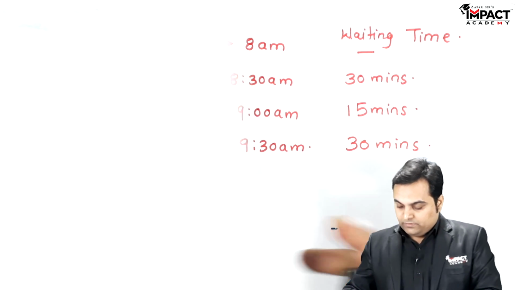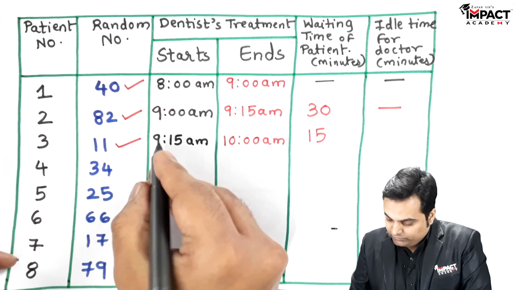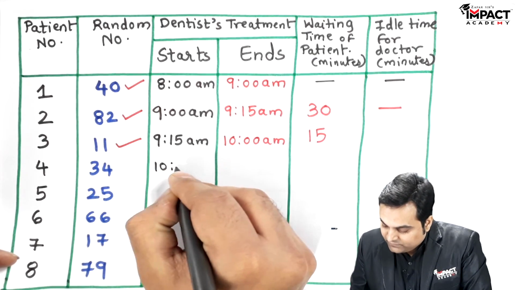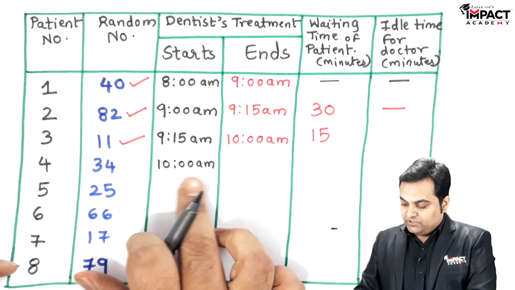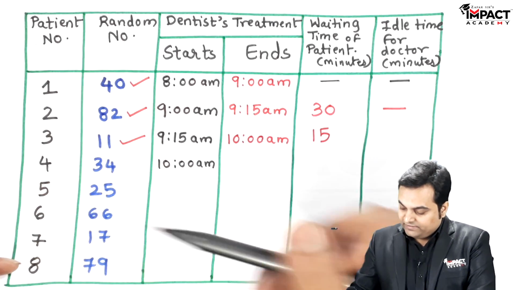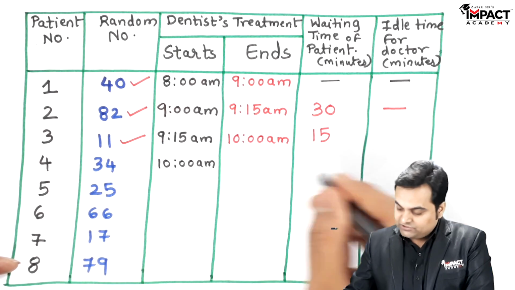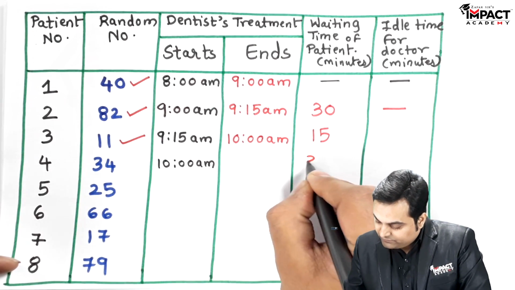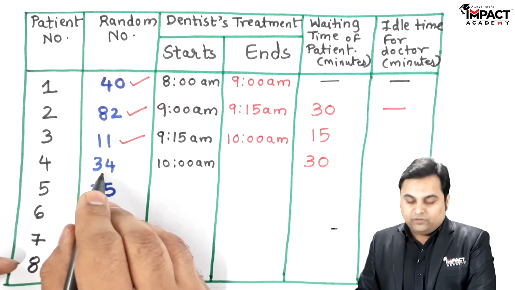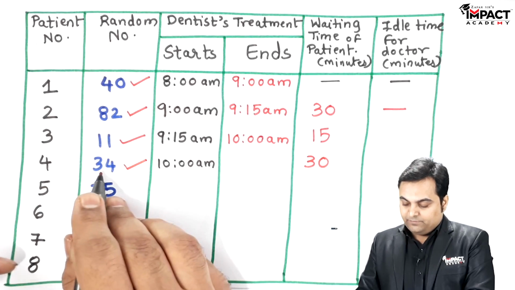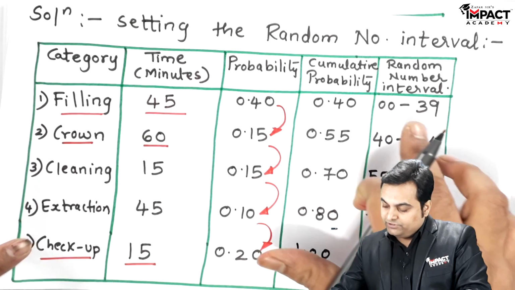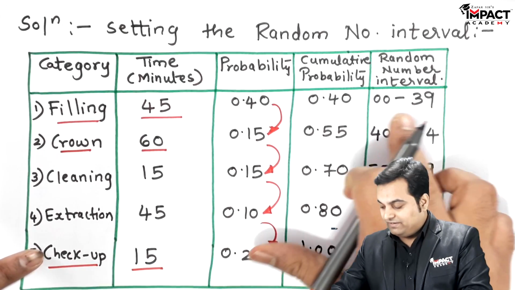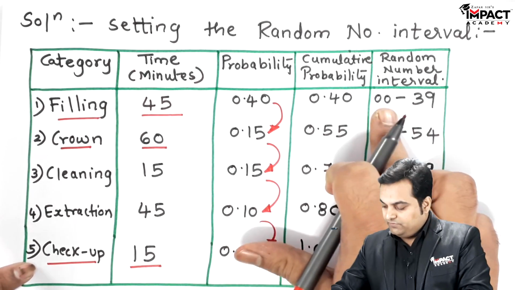It means patient 4 enters at 10 a.m. after waiting for 30 minutes, and the kind of operation. So here I'll write down first the waiting time of patient 4, that is 30 minutes, and the kind of operation performed based upon the random number 34. 34 will lie in the range between 0 to 39.